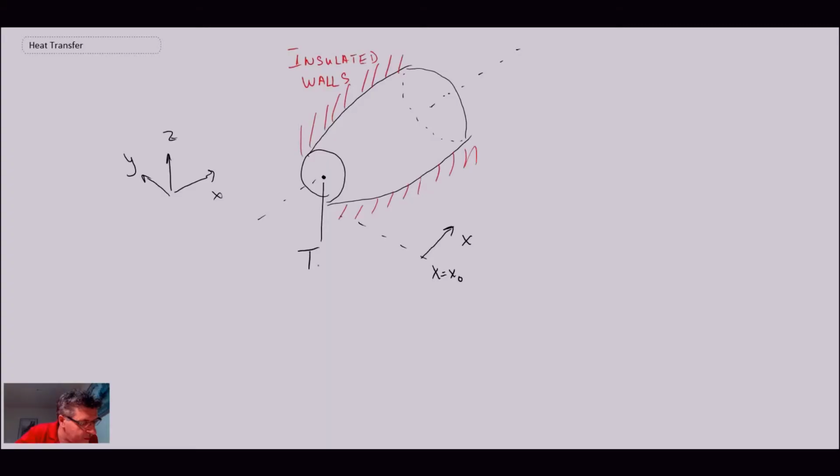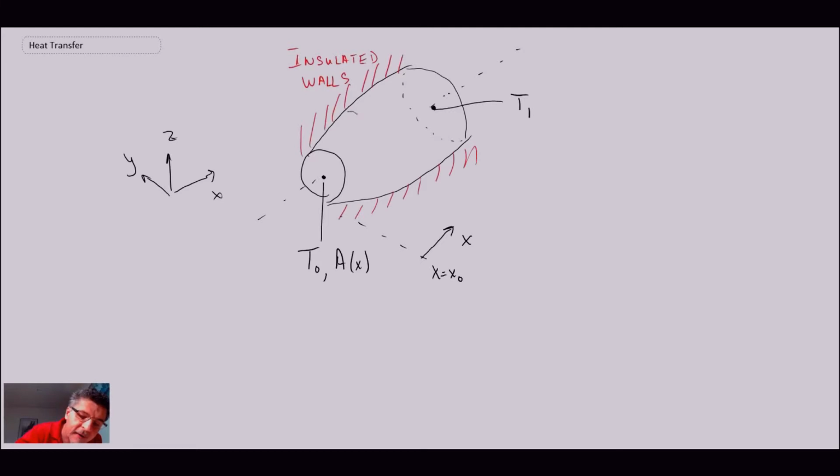So we'll assume that we have T naught there. The other thing I'm going to assume is that I know the area as a function of distance in the x direction. And then on the back surface here, I'll say I know the temperature there, and we'll call that T1.